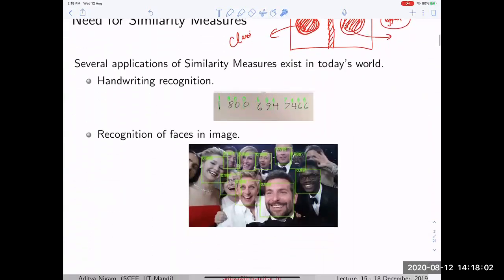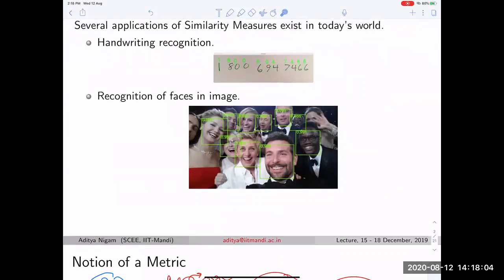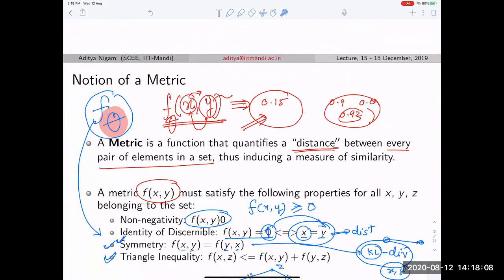We started to understand that this is a very interesting and important problem for any type of recognition task. We need to learn a metric, which is going to be a distance between any two given elements. This distance can be a dissimilarity measure or a similarity measure.